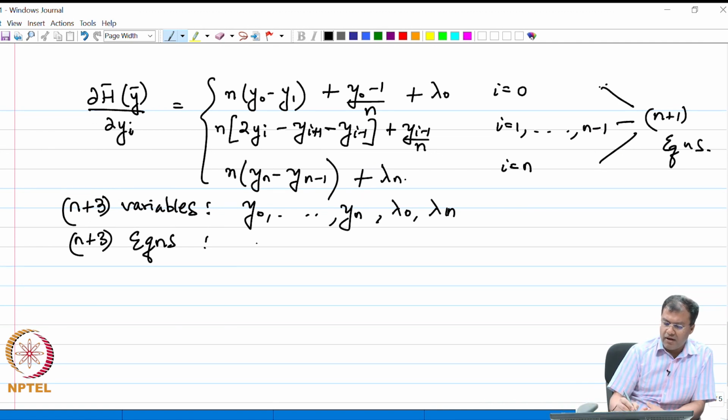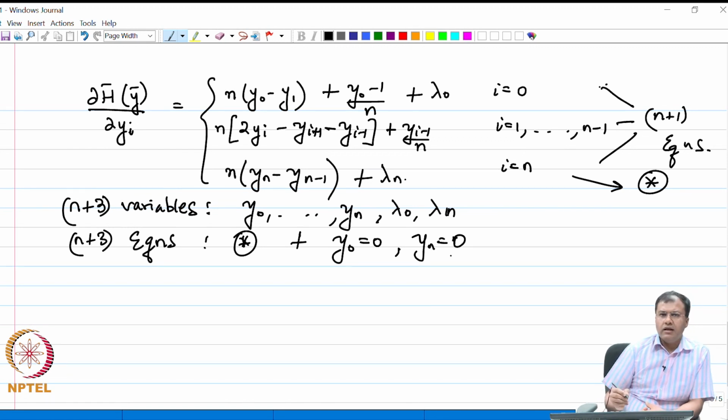Let me call this setup star. So, star gives us n plus 1 equations, plus the fact that y 0 is 0 and y n is 0, coming from the boundary, gives us the additional 2 equations to solve. So, the system is fully solvable, the number of unknowns is equal to the number of equations, and we should get a unique solution.